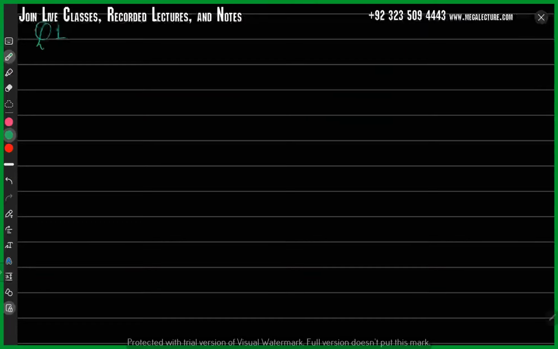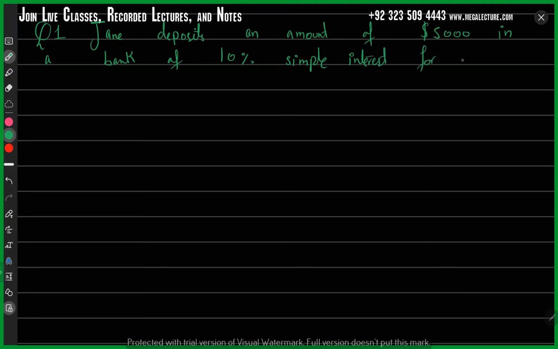It says, Jane deposits an amount of $5,000 in a bank at 10% simple interest for 4 years.